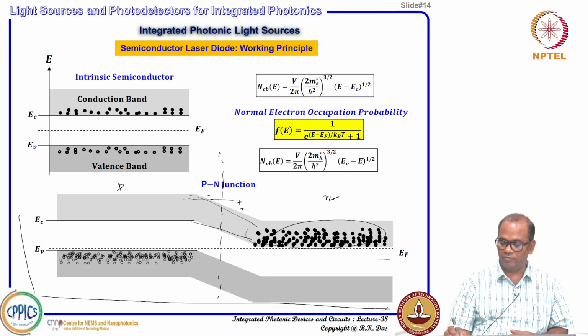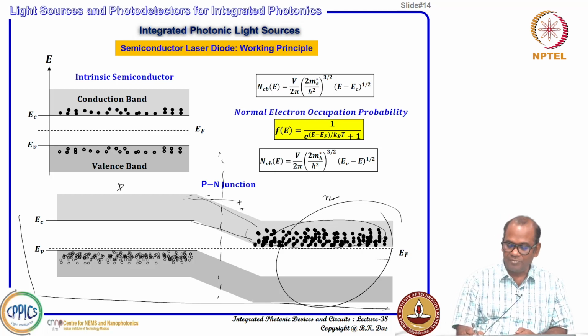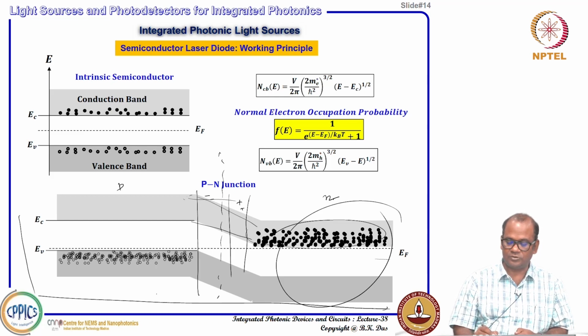Originally, even though a lot of electrons are there in the conduction band and a lot of holes in the valence band, as a whole any n type or p type semiconductor material is neutral. But here, because of the Fermi level alignment, some electrons move, so in a certain region you will see that positive charge is created, and on this side negative charge is created, right.